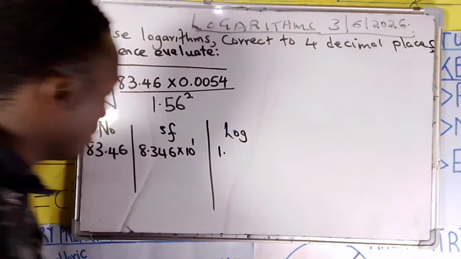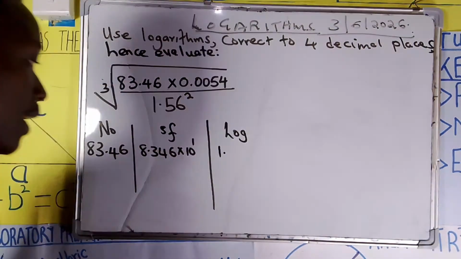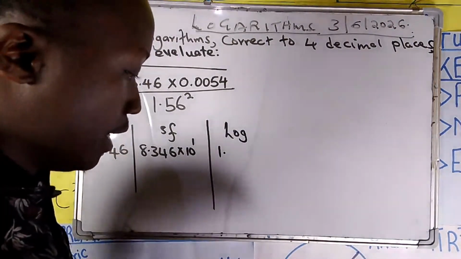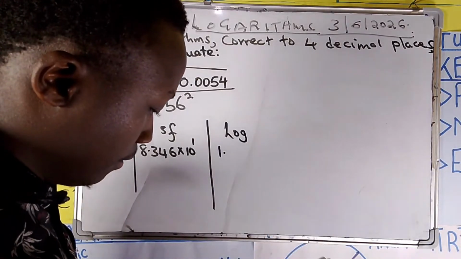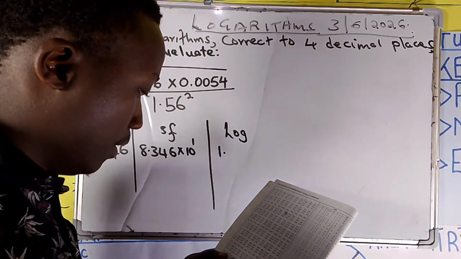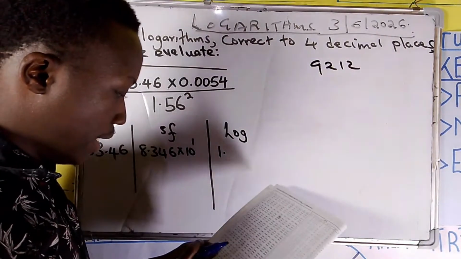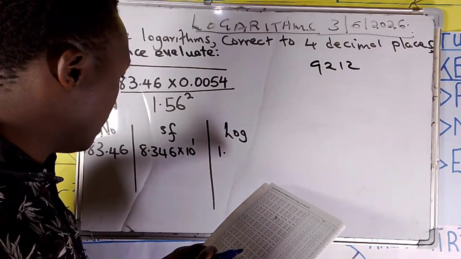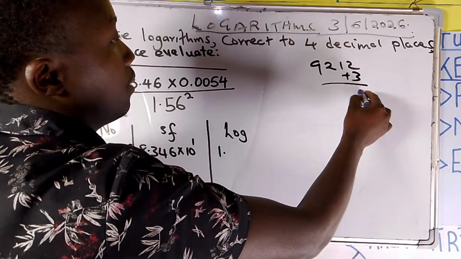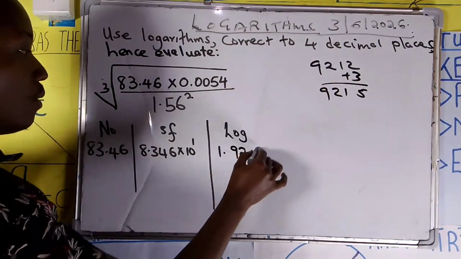We take our mathematical table, logarithm of numbers to base 10, and check 8.34. It is 9212. Then we add 6 at the end: at the column of 6 we add 3, giving 9215.